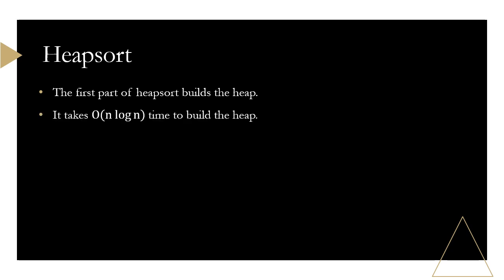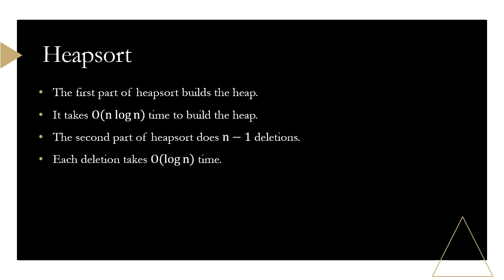Complexity analysis of Heapsort. The first part of Heapsort builds the heap. It takes O(n log n) time to build the heap. The second part of Heapsort does n minus 1 deletions. Each deletion takes O(log n) time.